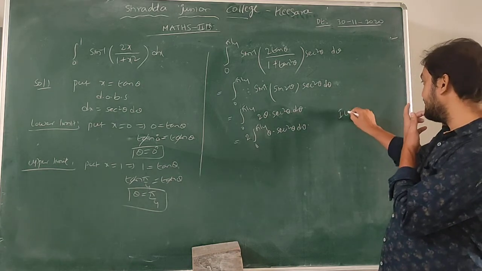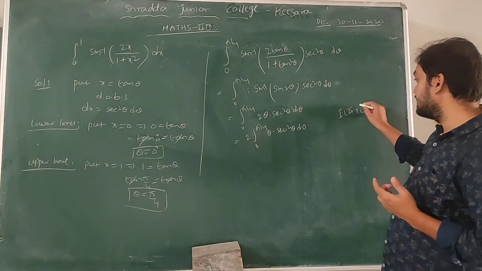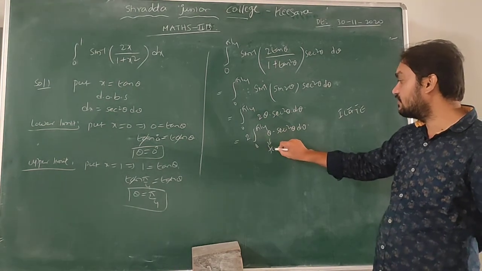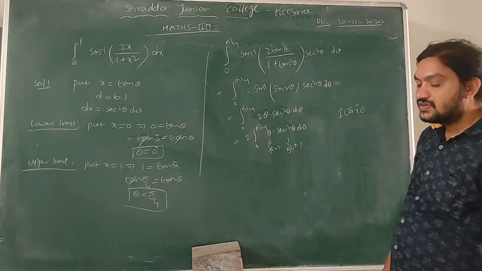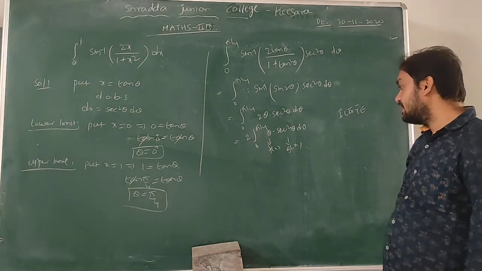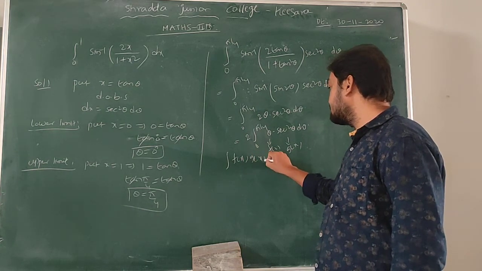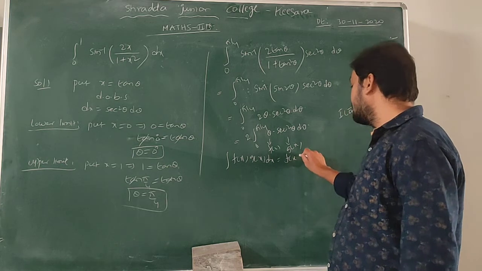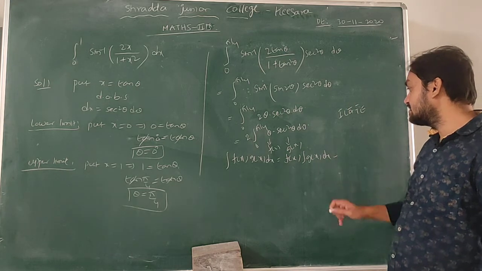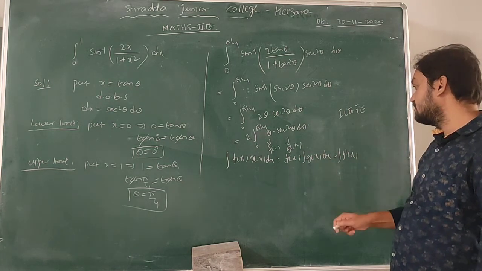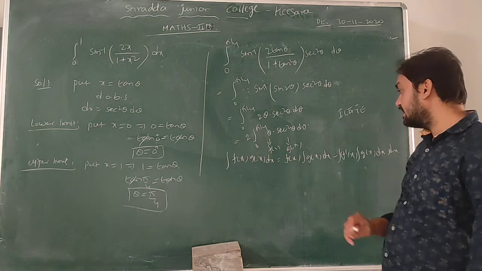Now here we are using integration by parts. Here this is algebraic and next trigonometry. Now we take this as f of x, and this as g of x. What is the formula for integration by parts? Integration f of x, g of x dx equals f of x integration g of x dx minus integration of f dash of x, integration g of x dx, whole dx.